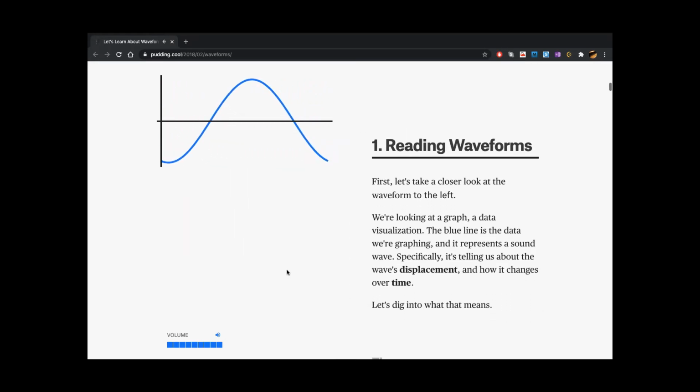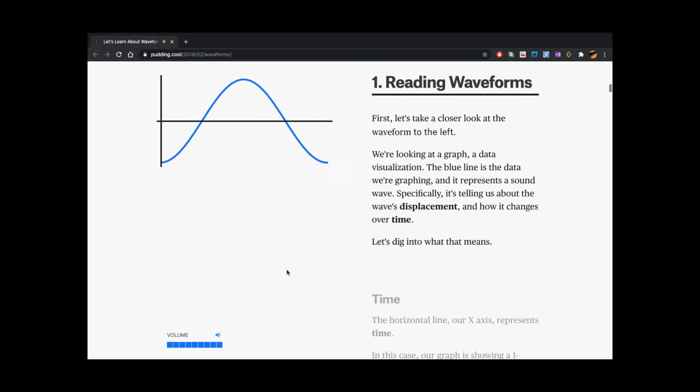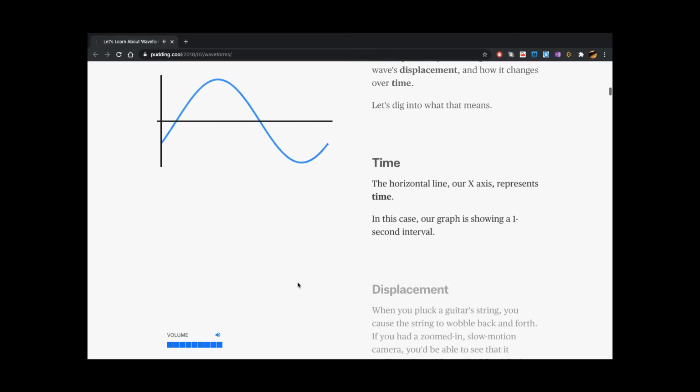Now let's start with the first concept in this tutorial, which is how do we read a waveform. To read a waveform, the y-axis is the displacement and the x-axis is the time. Displacement with respect to time. What displacement is, I will tell you.